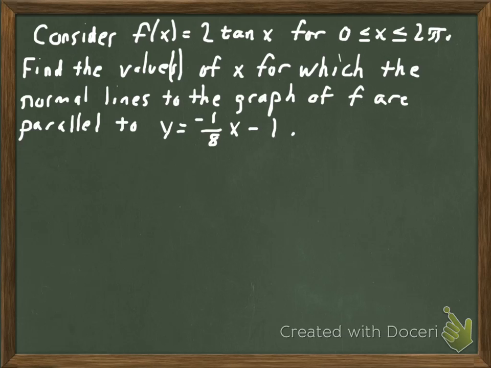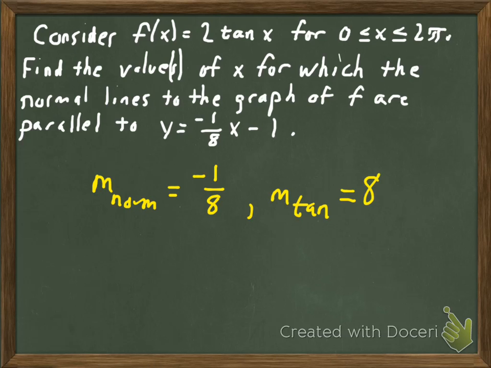Alright, so let's think about what we're told here and have a plan for how to proceed. We know that this function has normal lines that are parallel to the graph of y equals negative 1/8 x minus 1. Well, what that's telling us then is that the slope of the normal lines is equal to negative 1/8, which means that the slope for the tangent line is going to be equal to positive 8, right?